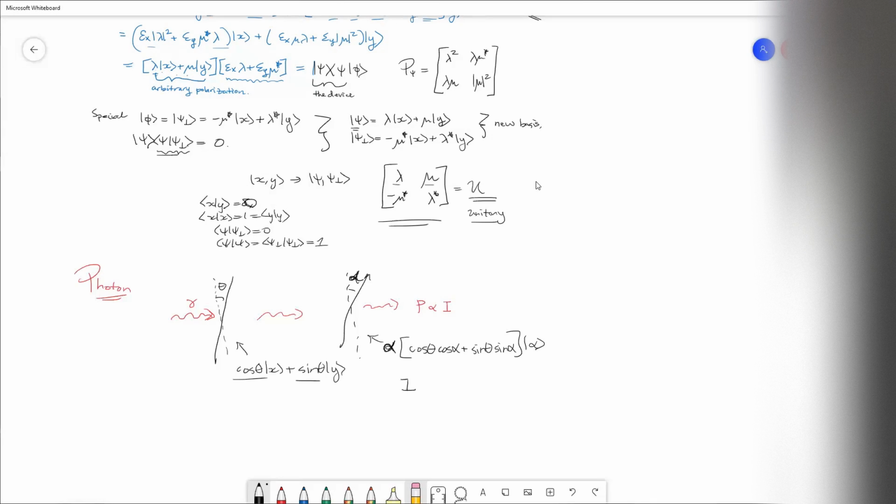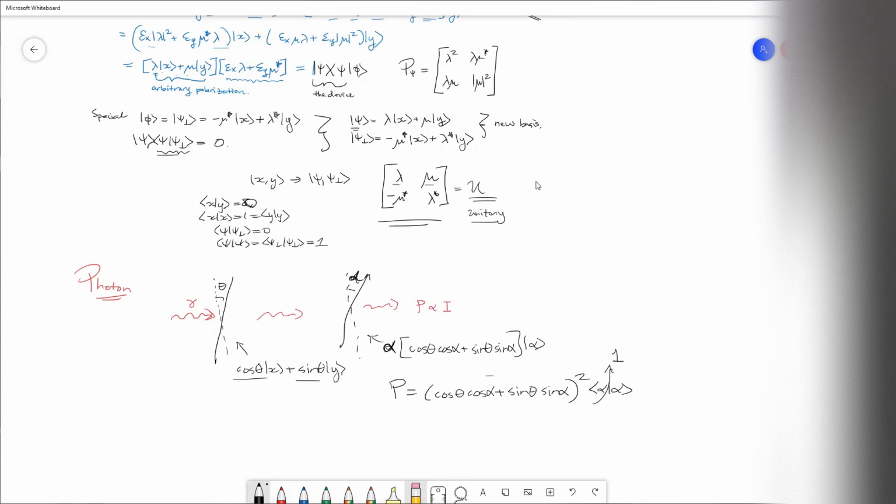And so the intensity, or the probability, let me put probability. The probability is just cosine theta cosine alpha plus sine theta sine alpha, that whole thing squared. And then of course you have the alpha, but this is just the linear polarization vector piece.